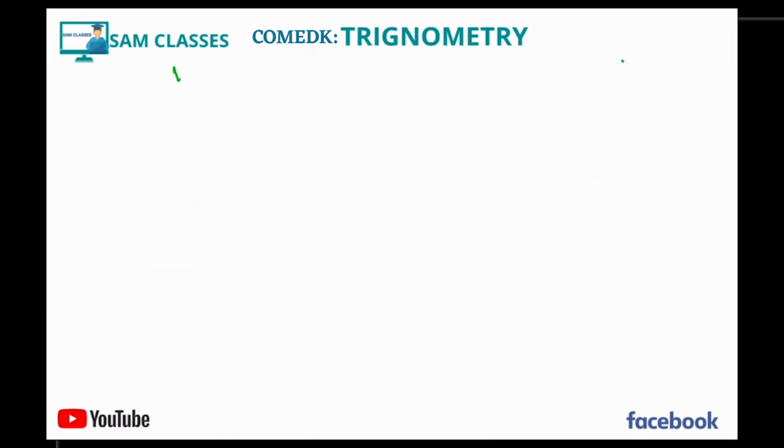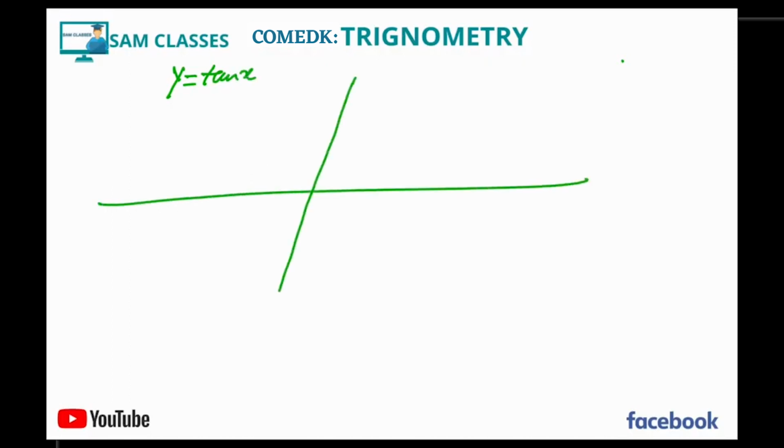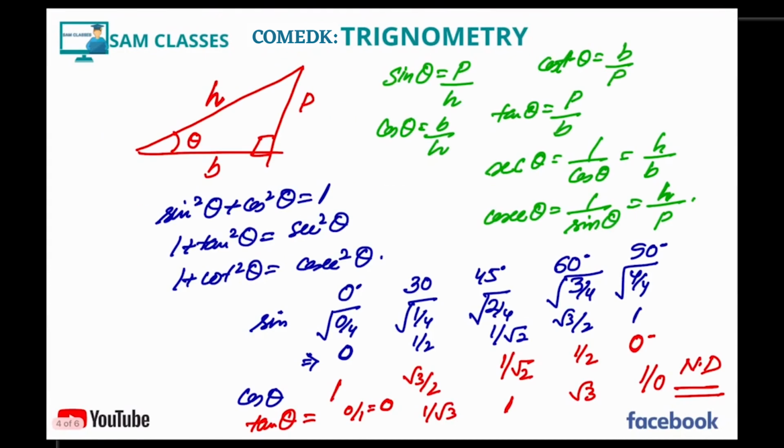Now, if you see the graph y is equal to tan x, student, okay. So we need to understand tan x is a very simple graph. A lot of students get confused. So what you have to understand is the value at 90 is not defined. Means 1 by 0 is what, student? Infinity. And this is positive infinity because in the first quadrant, tan is positive, correct.